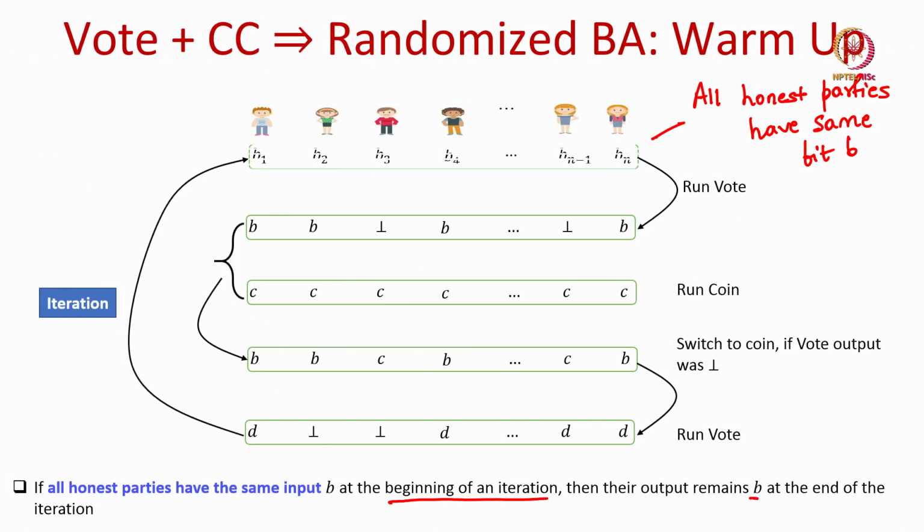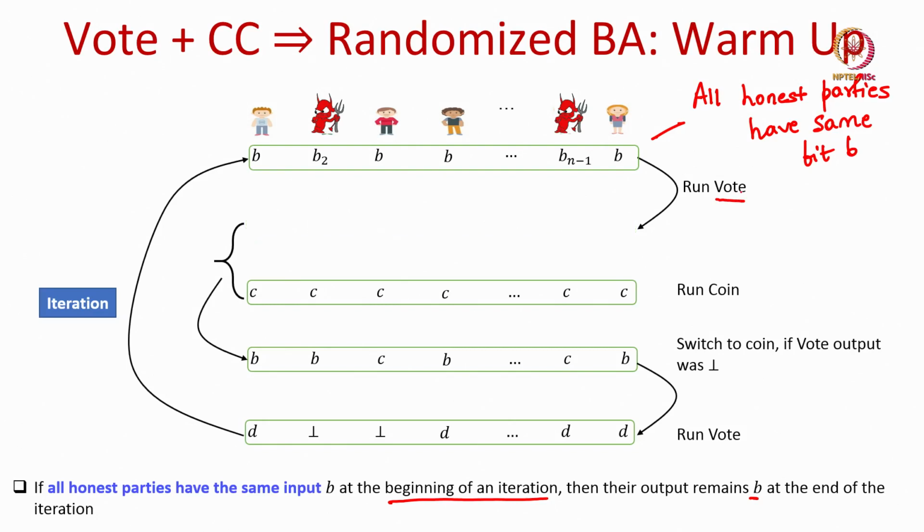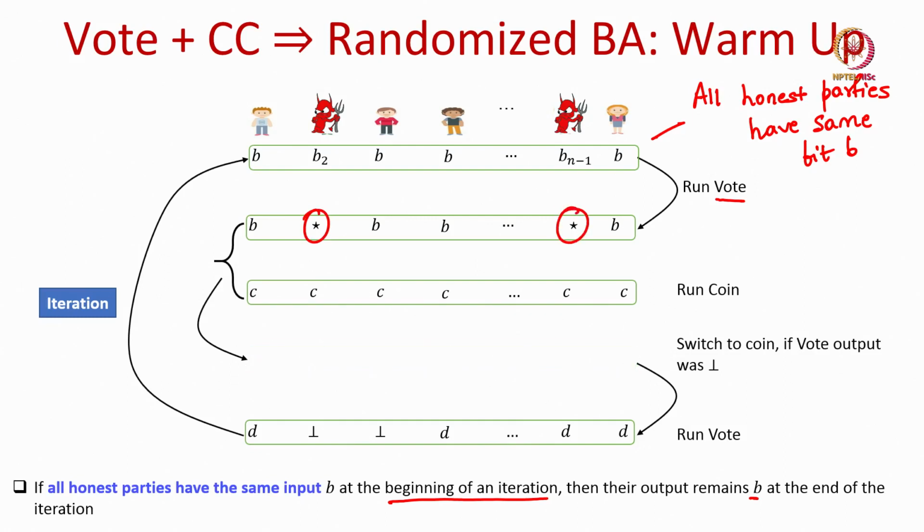Why so? Imagine there are some corrupt parties who participate with any bit, and all the honest parties have the same bit B. Now, when they run the vote protocol, the outputs of all the honest parties will be B. I do not care what the output of the vote is for the corrupt parties. Now, they run the coin protocol, and I do not care what its output is, because no honest party will switch to the output of the coin value.